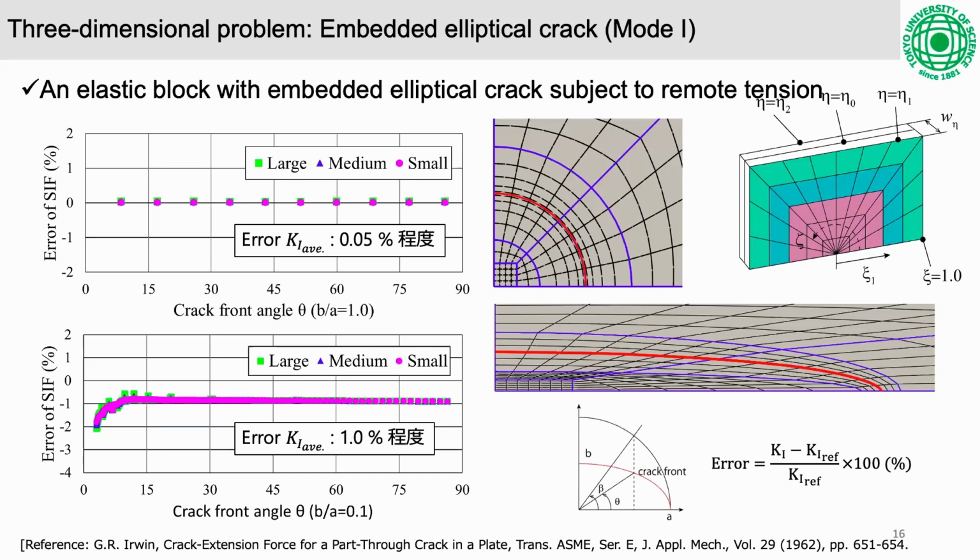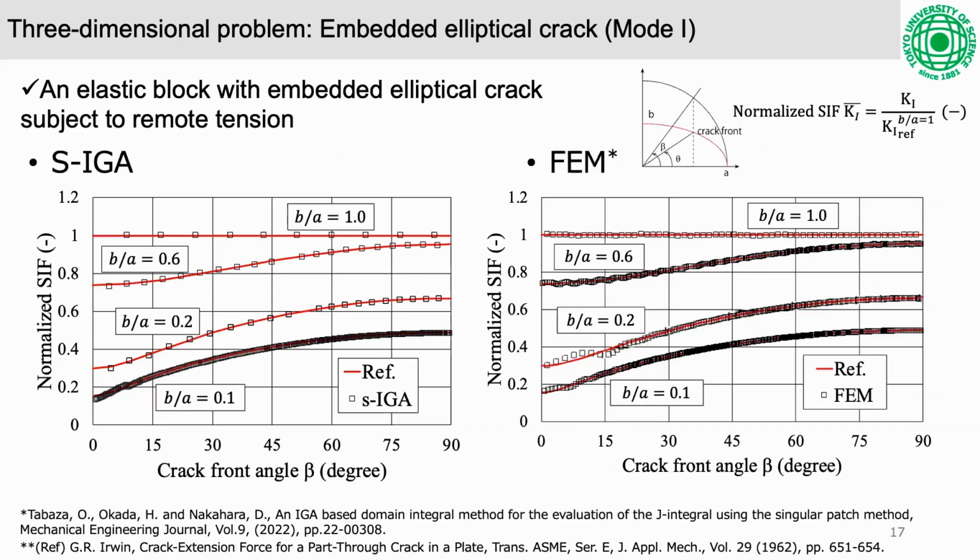At this point, it is difficult to evaluate the stress intensity factor accurately. However, in our case, error is very small, less than 2%. And we have done various cases. In all the cases, we could obtain stress intensity factors very accurately along the crack front, compared with the finite element case. Anyway, let me go further.